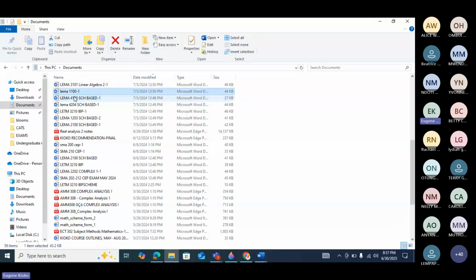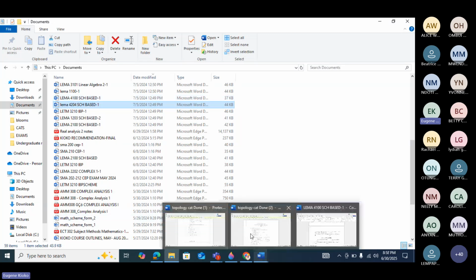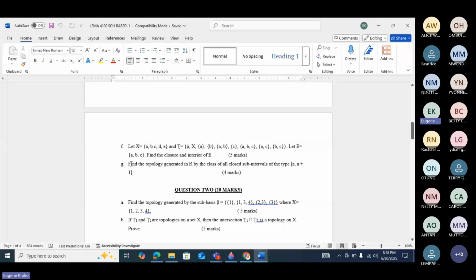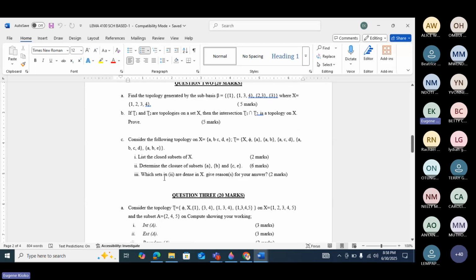Personally, I don't know anyone here, so why will I fail you? For what gain? We just mark what you have given us. And again, the papers are always cross-checked. So what you have is what you got, and it will be cross-checked by another external lecturer.